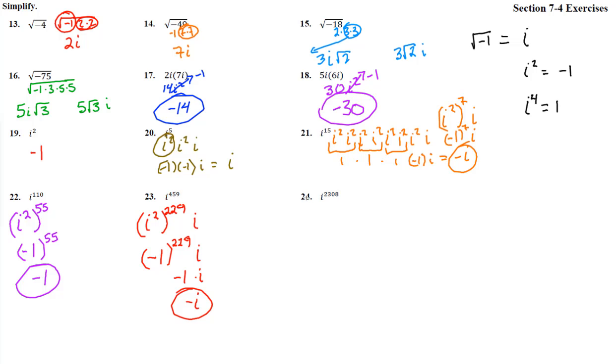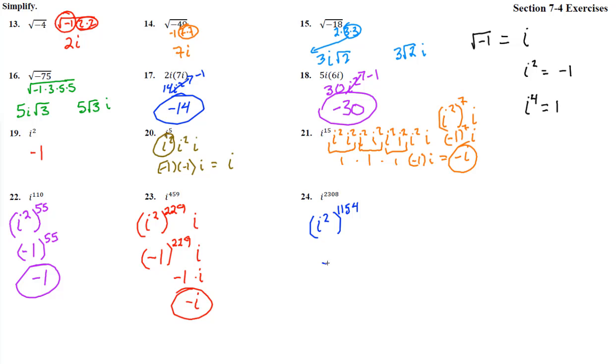All right, number 24. i to the 2308. So let's do that trick one more time. We get i squared, and this is an even number, so 2308 divided by 2, and that's 1154. So here we have 2 times 1154 would give you 2308. So this actually accounts for all 2,308 i's multiplying together.